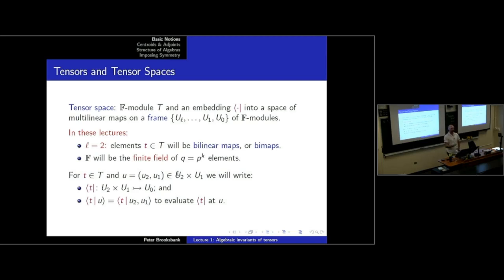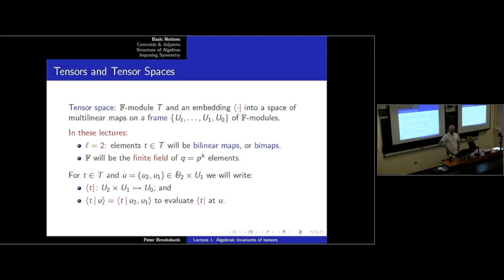I will say that in these lectures, just to keep things fairly simple, so I don't have to keep giving you different hypotheses, let's just assume throughout that I'm going to talk about bimaps today. Some of the things that I'll say will apply to tensors of arbitrary valence, but we'll just stick with bimaps. There's enough to say about that particular context that we won't lose too much.